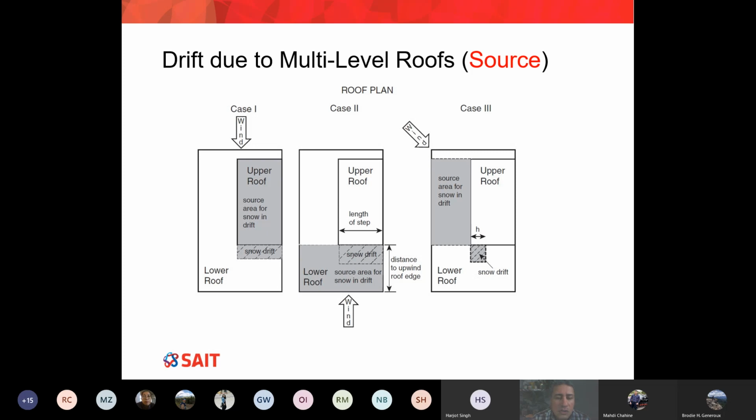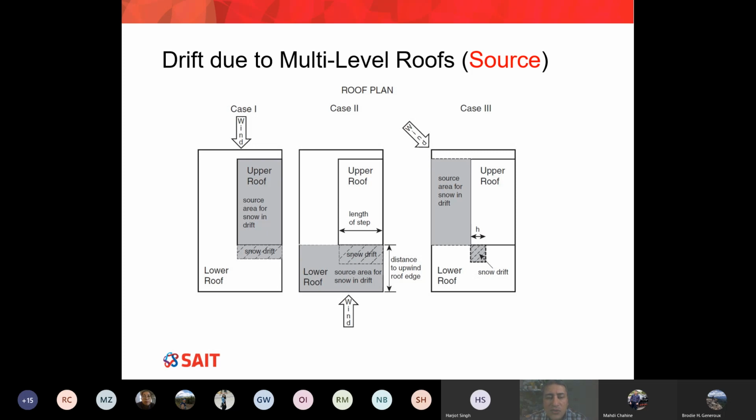I want you to look at the far left one. It is called case I, or case 1, and you can see a hatched area on the roof, called the upper roof. So the upper roof, in case number 1, is the source.